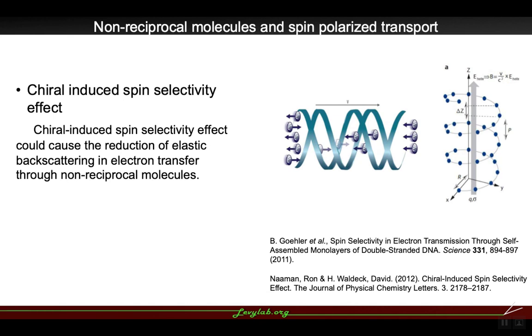We want to know why this happens, so we looked for some theory, and we found a theory called the chiral-induced spin selectivity effect. This effect can cause a reduction of electron backscattering through the non-reciprocal molecules. So maybe when we create a non-reciprocal waveguide, it can also help us reduce the backscattering and get some interesting features.